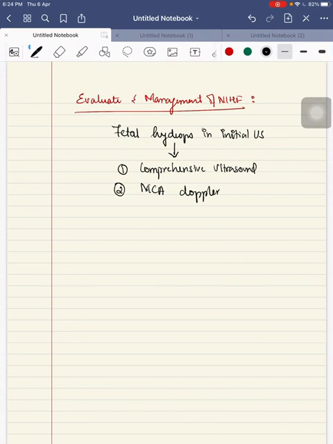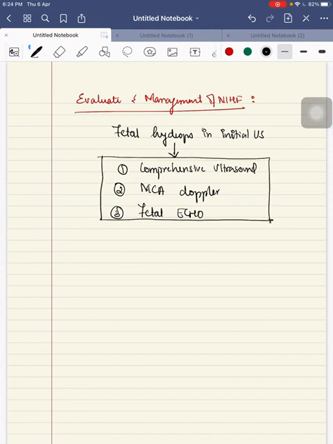Next, you have to do a middle cerebral artery Doppler. It is to find out the peak systolic velocity, which in turn will indicate whether the fetus has anemia or not. Third, you have to do a fetal echo. So you proceed with comprehensive ultrasound, MCA Doppler and fetal echo.